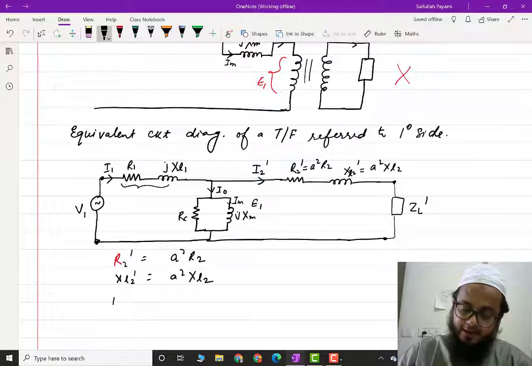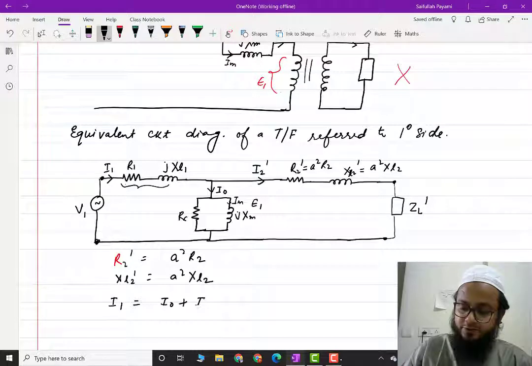And this I1 would be equal to I0 plus I2 dash.